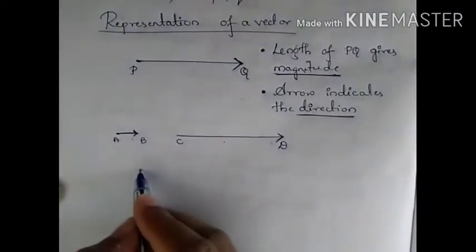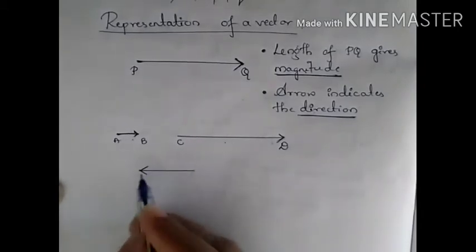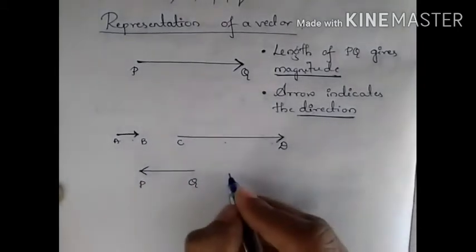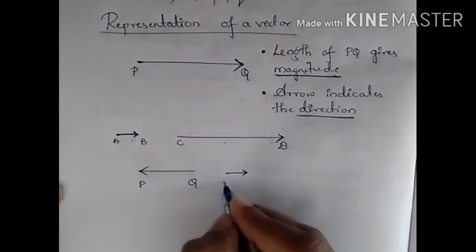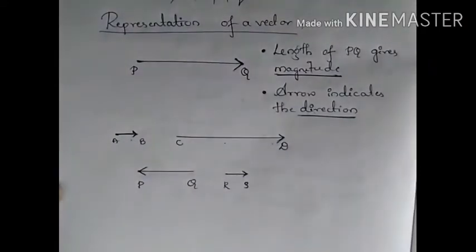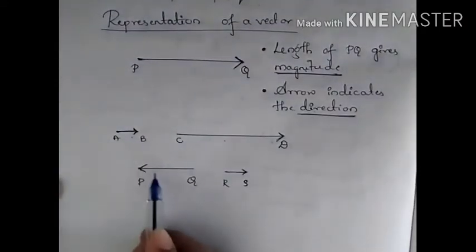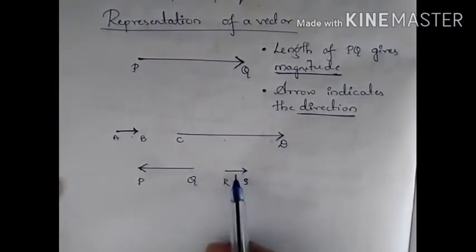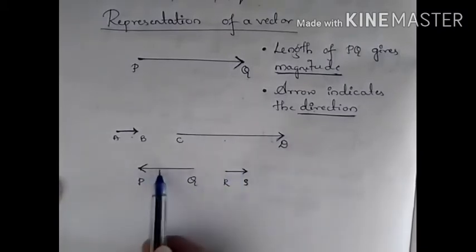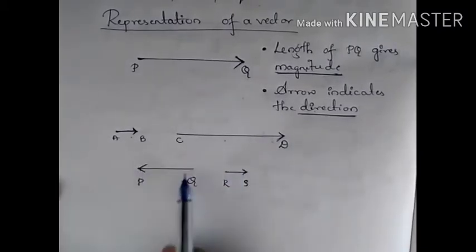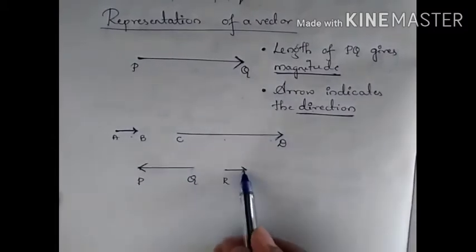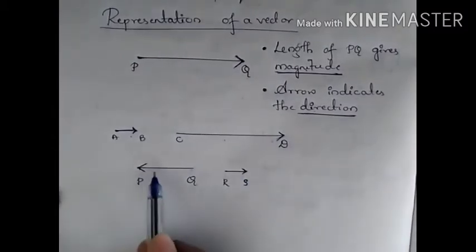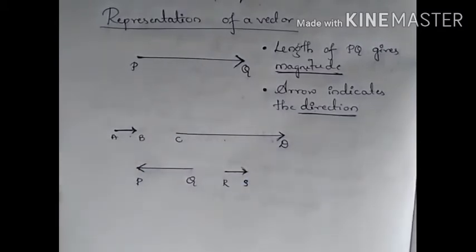Let's suppose you have a vector like this and a vector like this. This vector is in the opposite direction to the other, and it has a small magnitude. So PQ vector has a larger magnitude compared to RS vector, and the direction of PQ vector is opposite to the direction of RS vector.